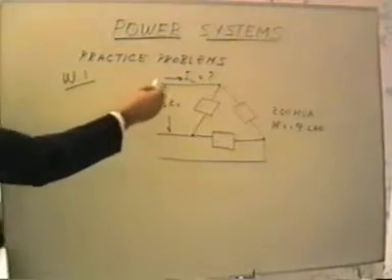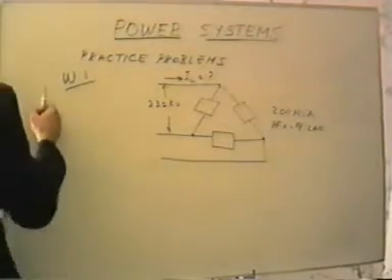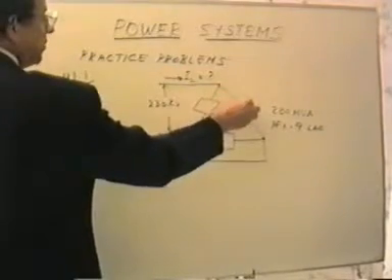The first part of the question is to find the line current that's flowing in this circuit. Well, in order to do that, we have to start off by solving for the current in each one of these phases.